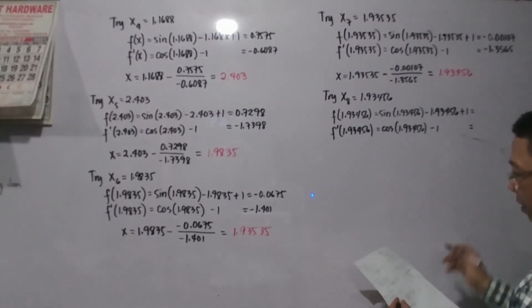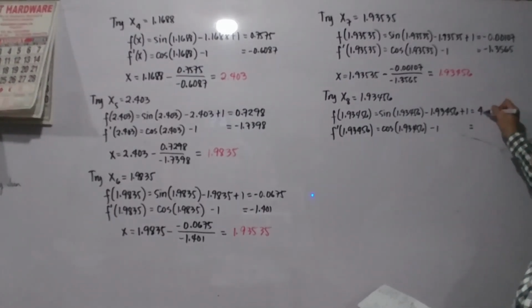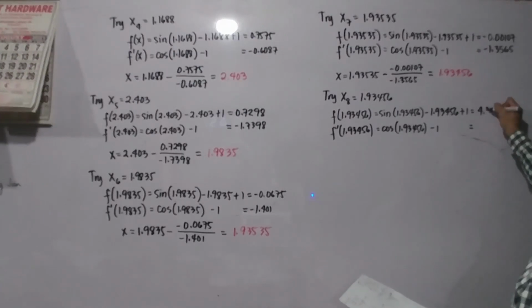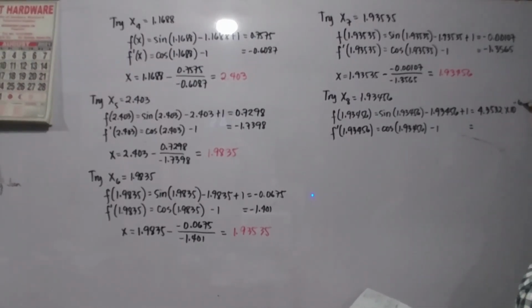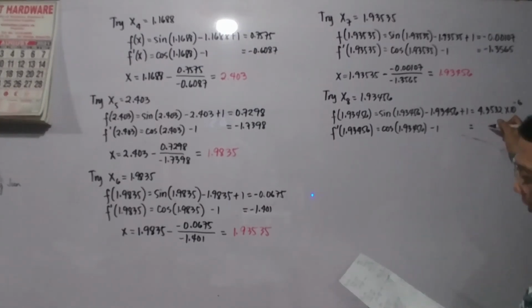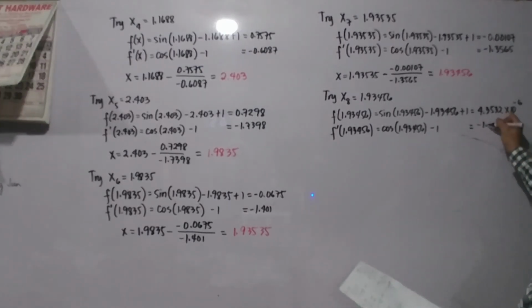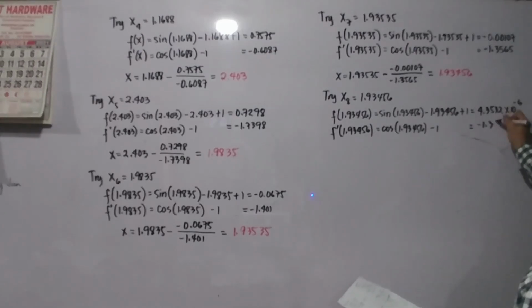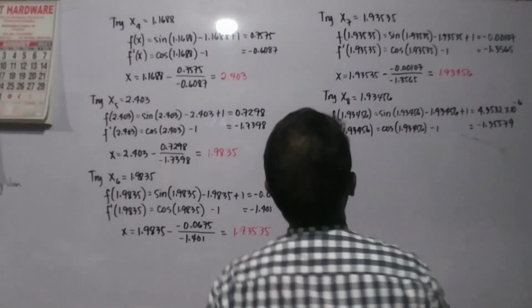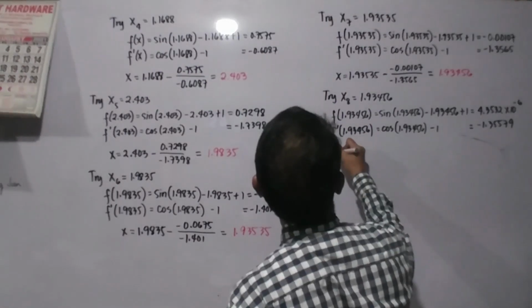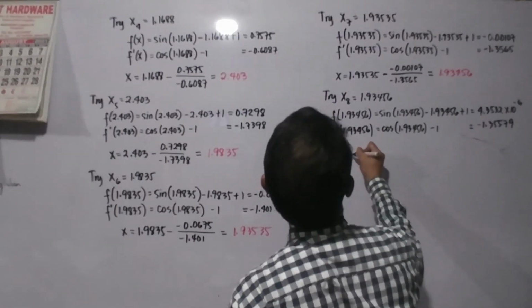So x sub 8 now is 4.3532 times 10 to the negative 6. And the other one is negative 1.35579. Then substitute to the formula.